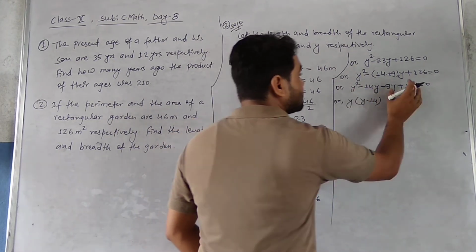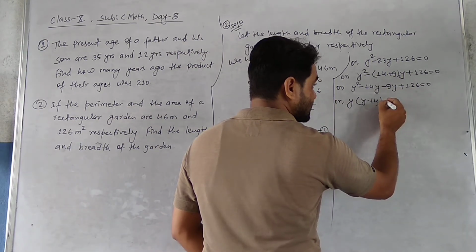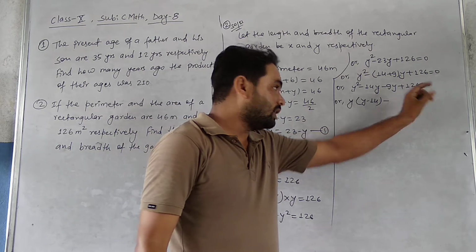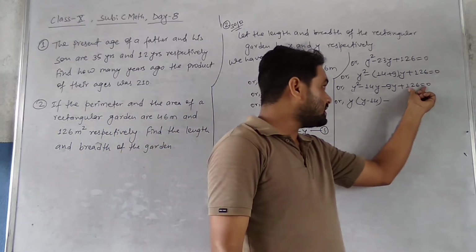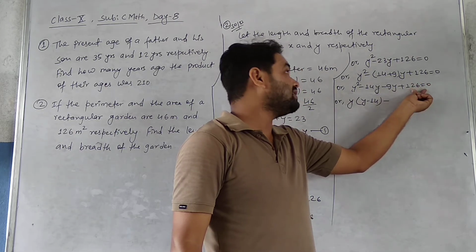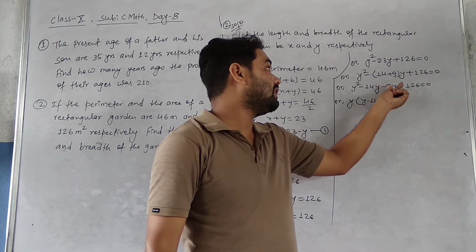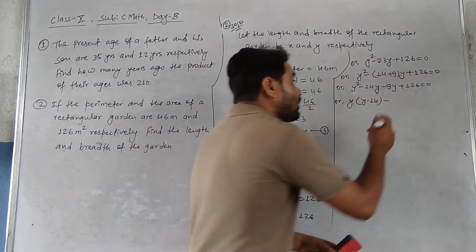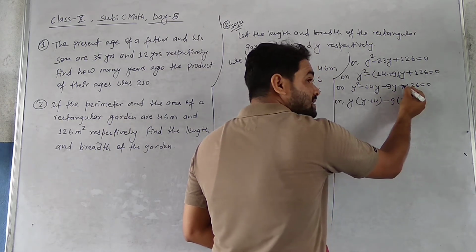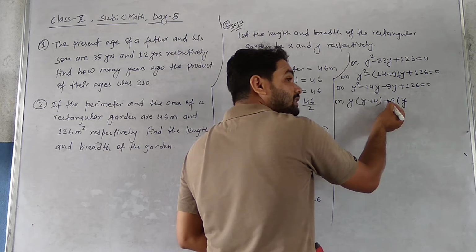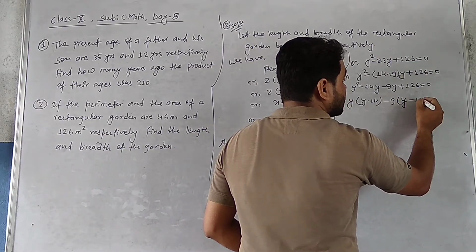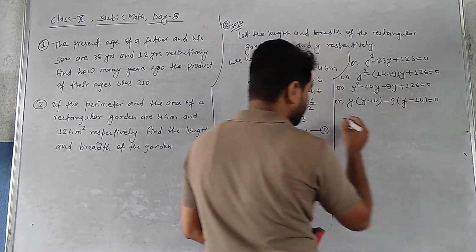Thereafter these two terms, minus sign is here, and 9 is here, here 126. In 126 we find the factor 9, so take out 9 as a common and we get y, and plus sign is here, but we have taken the common minus, so the sign changes to minus and we get 14 equals 0.